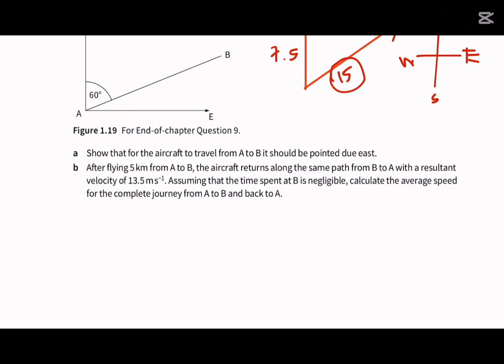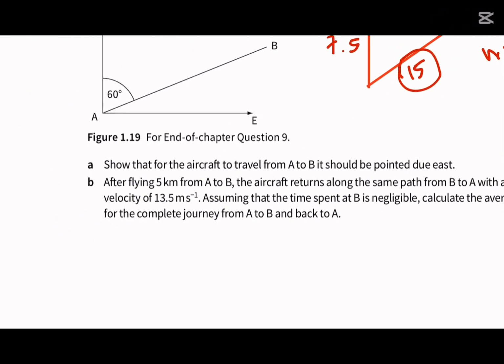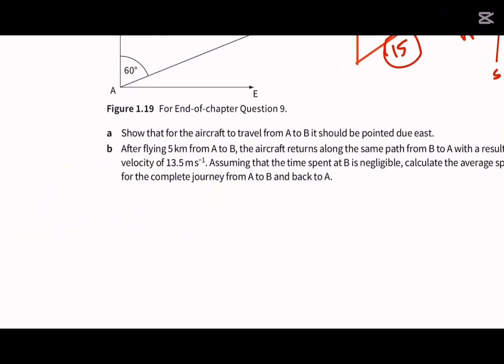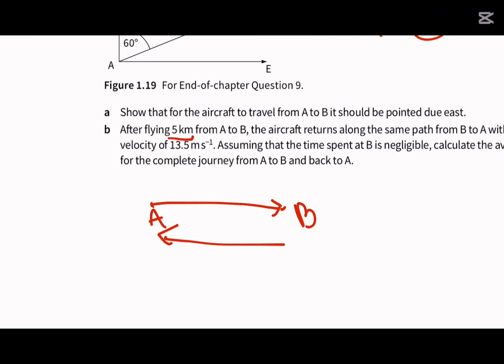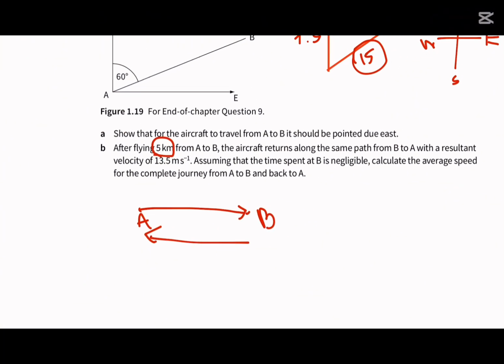Okay, so let's see here. The aircraft goes from A to B and then back again. So it's like this, right? After flying for 5 kilometers, and then B to A with a different resultant velocity. So the resultant velocities are different.